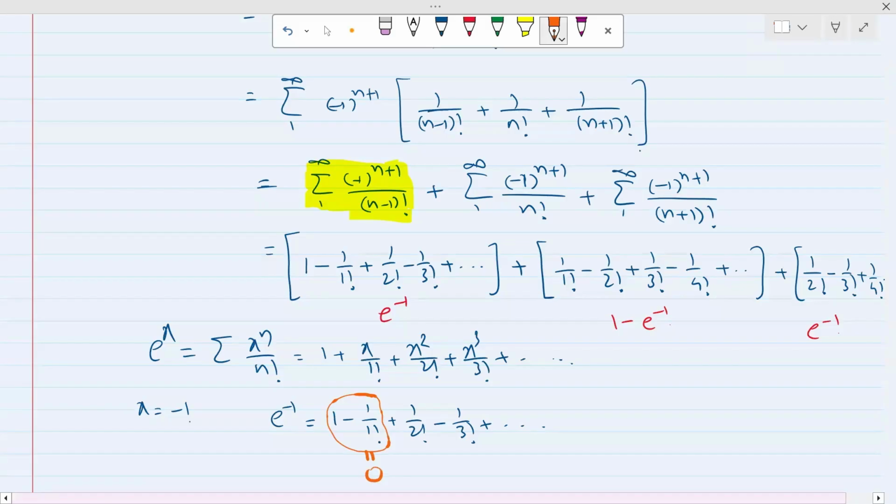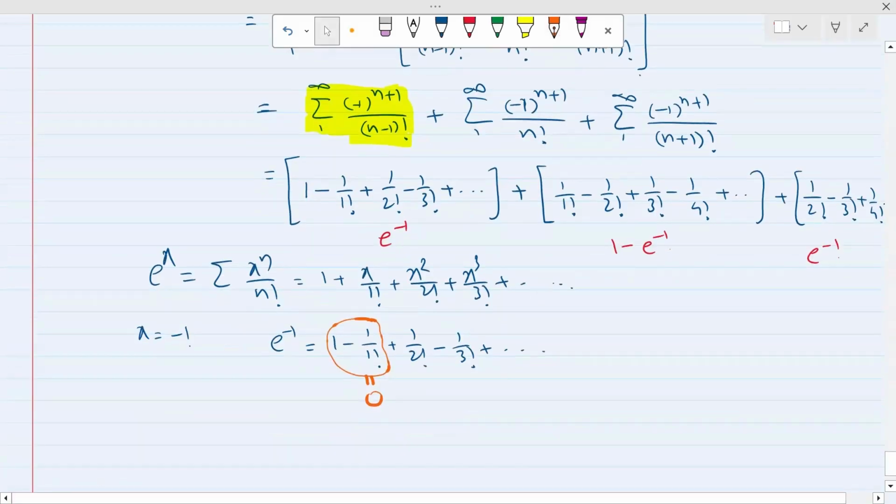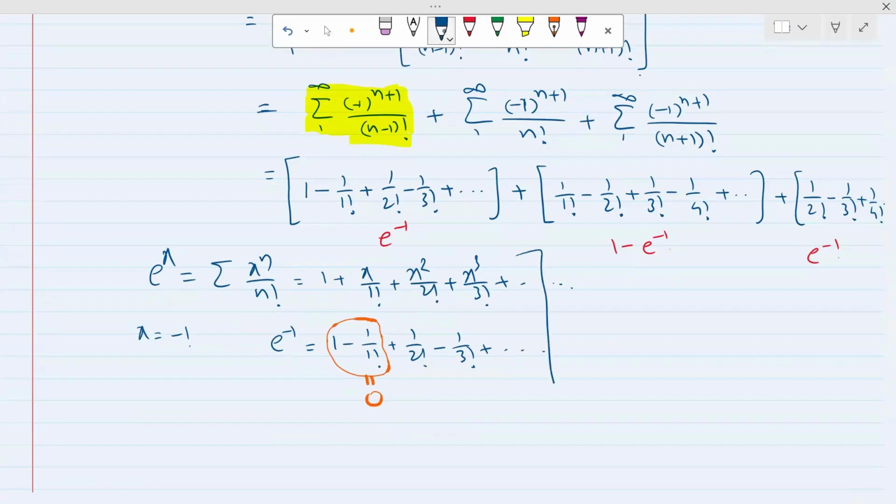Yes, sir. So the final addition will be e raised to minus 1 plus 1 minus e raised to minus 1 plus e raised to minus 1. So we'll have 1 plus e raised to minus 1.